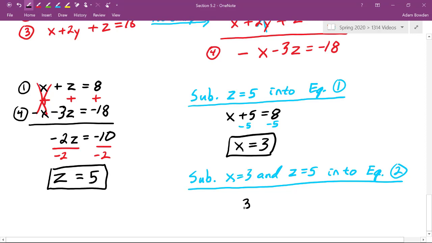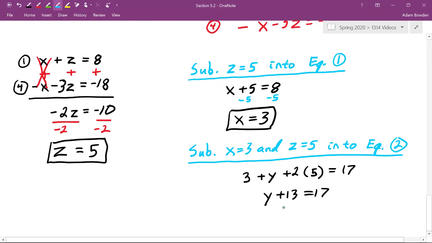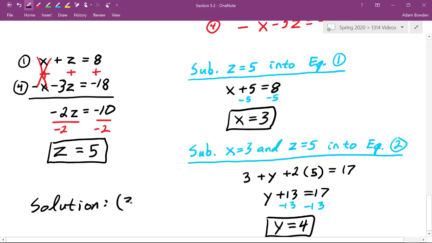So that's going to look like 3 plus y plus 2 times 5 is equal to 17. That'll turn into y plus 13 equals 17. And after subtracting the 13, we'll find out that y is equal to 4. So that's our full solution: 3, 4, 5.